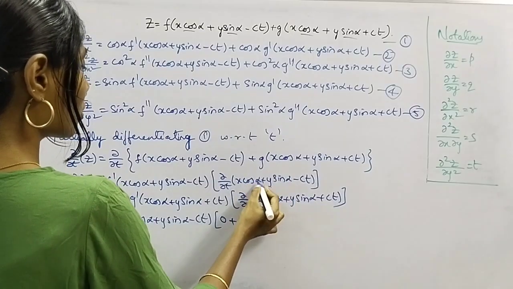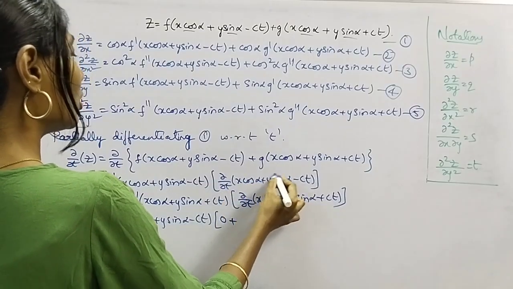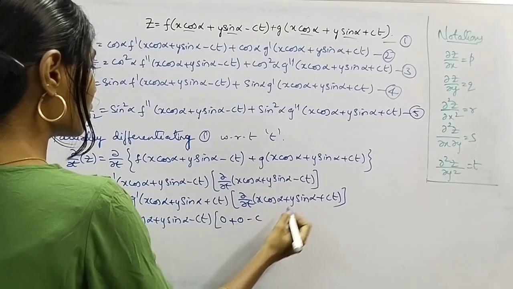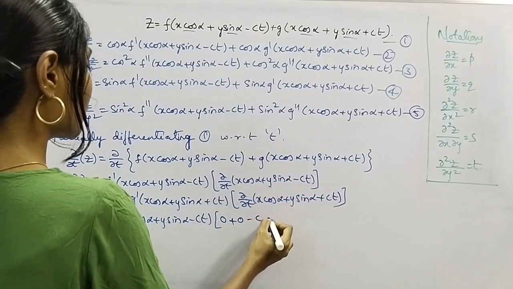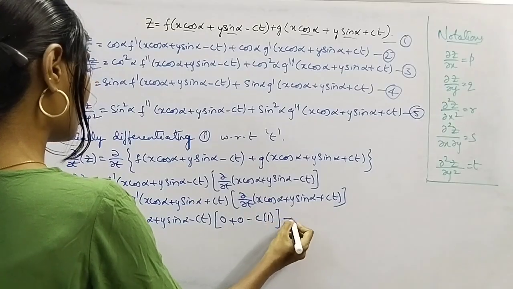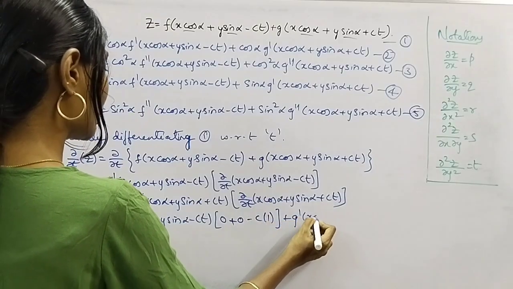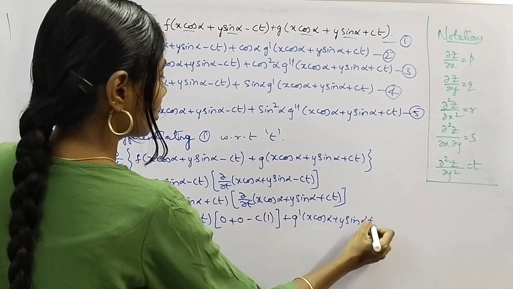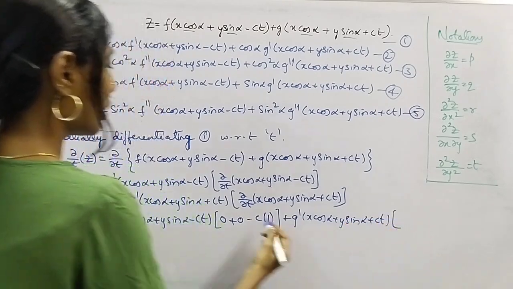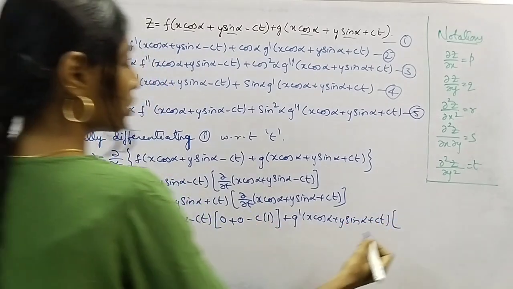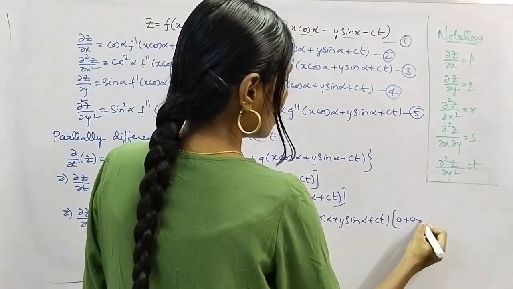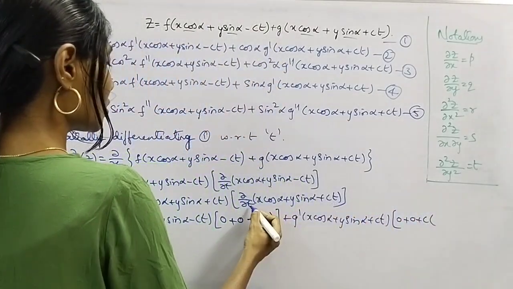So the partial derivative of x cos alpha with respect to t is 0, plus the partial derivative of a constant with respect to t is 0, minus constant c into the partial derivative of t with respect to t is 1, plus g dash of (x cos alpha plus y sin alpha plus ct) into the inner derivative: the partial derivative of x cos alpha with respect to t is 0, plus the partial derivative of y sin alpha with respect to t is 0, plus c into the partial derivative of t with respect to t is 1.